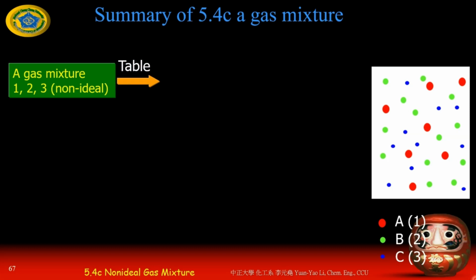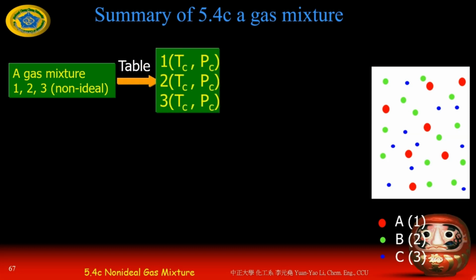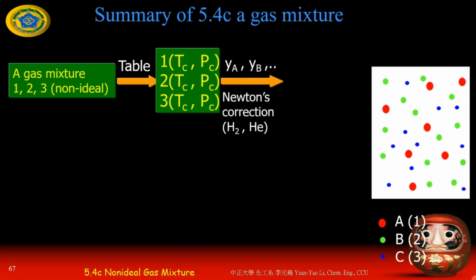First of all, you need to find the critical temperature and critical pressure for these three in the table. In your final exam, I will give you the table. I don't directly give you the numbers. You need to find them by yourself. And then you need to know the molar ratio of these three. I might give you the weight ratio, and you convert it to molar ratio, for example.